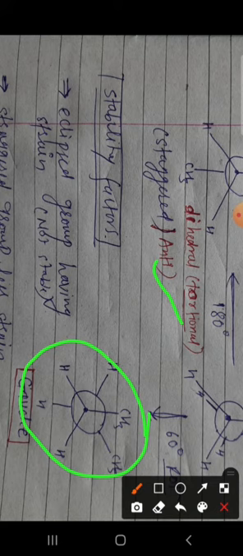So the staggered conformation is very stable, then the gauche conformation, and last but not least the eclipsed conformation.